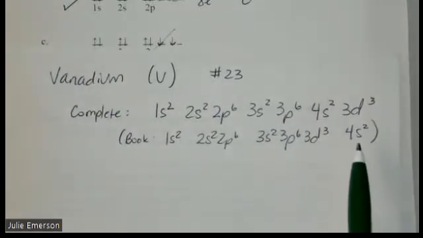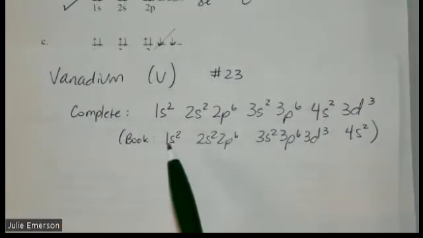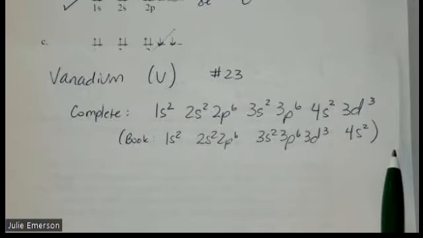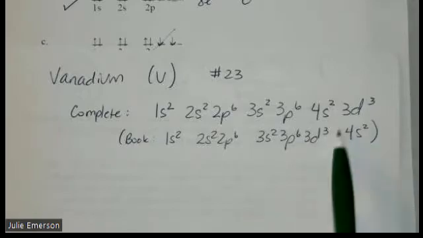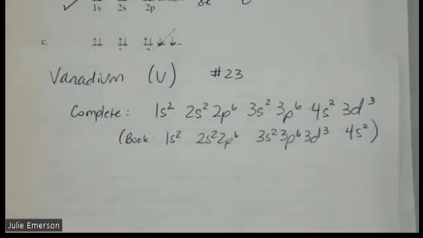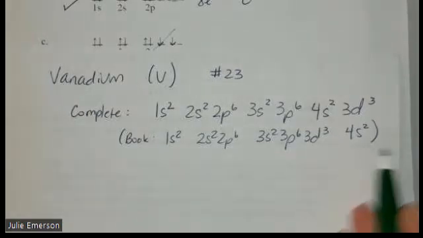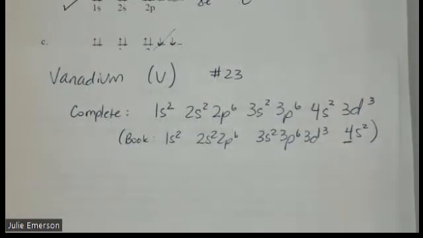So a question that came up earlier was, if we do the book way, if we organize it by the principal quantum number, is the last thing that we write down the valence? So the transition metals are what make the whole question about valence electrons maybe a little bit tougher, because normally the rule is valence electrons are the electrons in the highest occupied shell. Well, for vanadium, the fourth shell is the highest occupied shell, right?